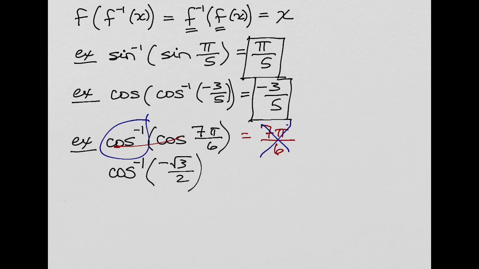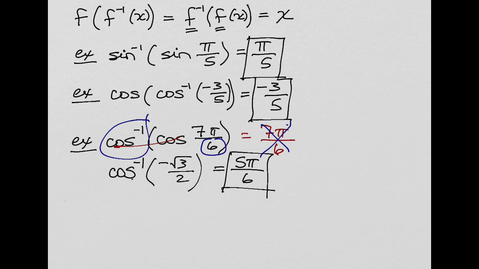The inverse cosine of negative root 3 over 2 is an angle in quadrant 2, because that's the part of the range of the arc cosine function where my cosine values are negative. In quadrant 2, with a reference angle of pi over 6, we're going to get 5 pi over 6, an angle in quadrant 2, not an angle in quadrant 3.